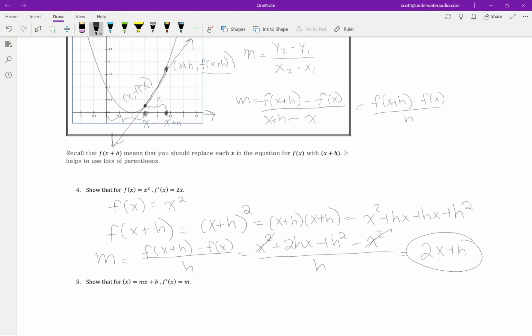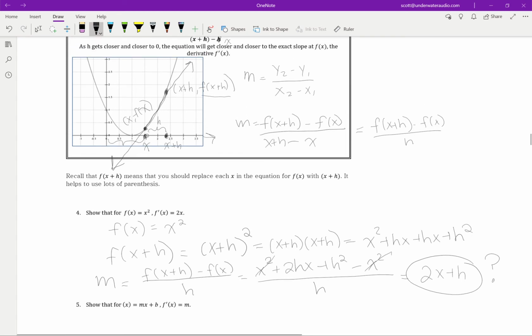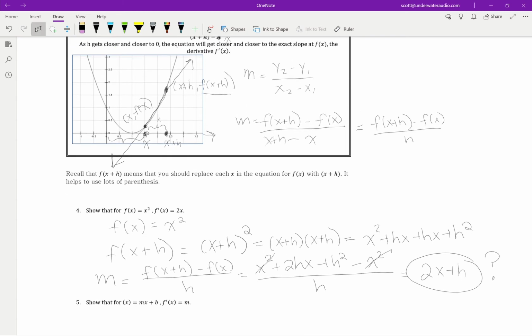So I think that's kind of interesting. We should come back to that. We were supposed to show that for f of x equals x squared, the derivative is 2x. Well, I got 2x plus h. So looking at our picture, that h is the second point. It's the second point on this curve.